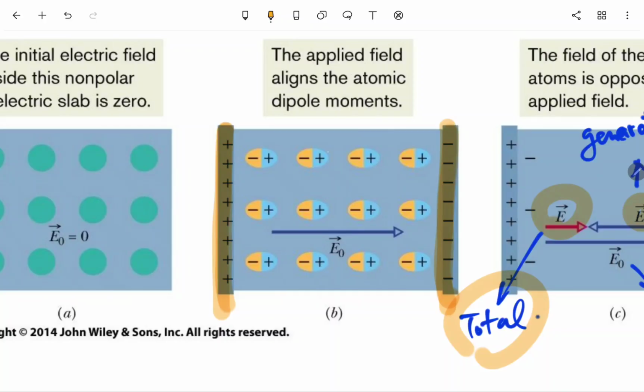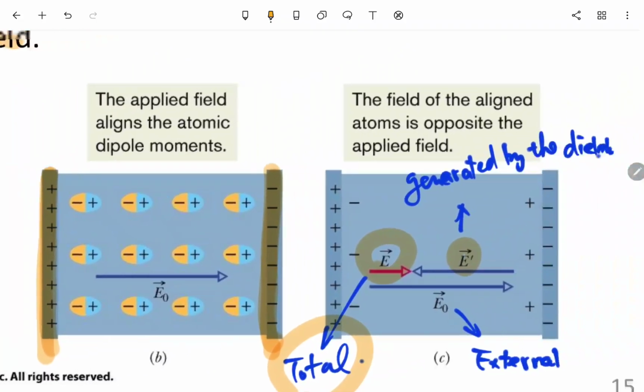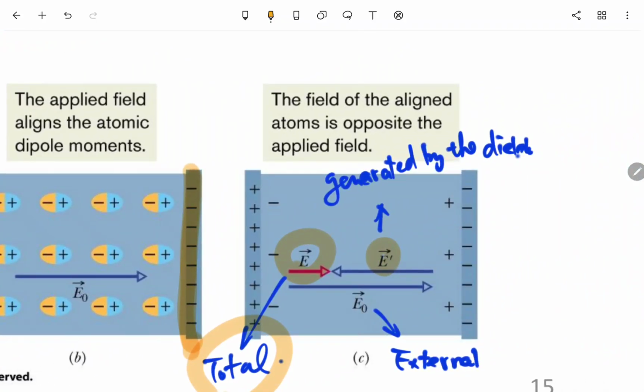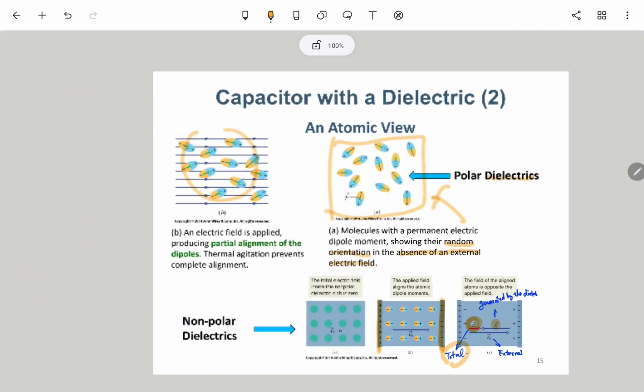So in that case, the dielectric itself with this alignment will generate the E field pointing to the left side, canceling part of the external E field. It always cancels part of the E field, not generating more E field than the external, making the total E field inside the dielectric smaller than the external E field.